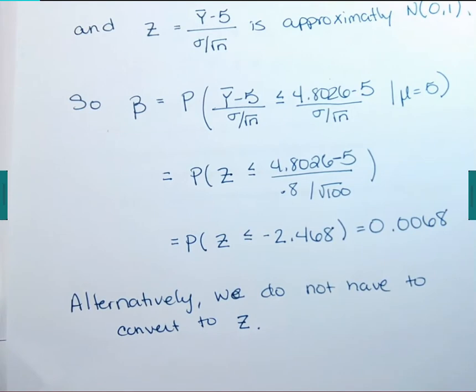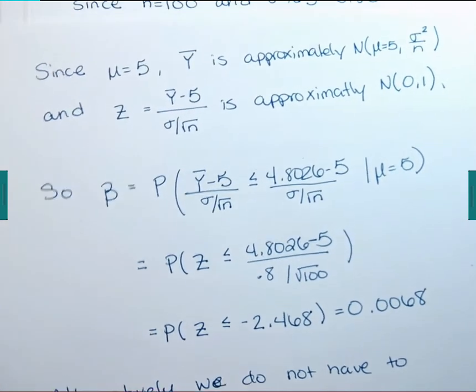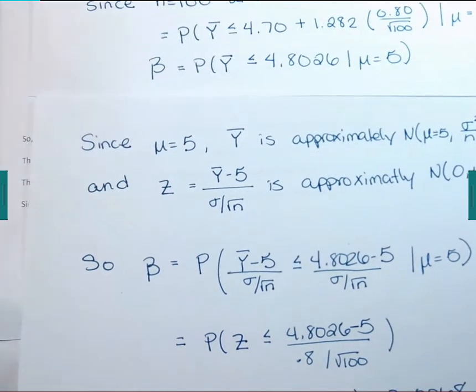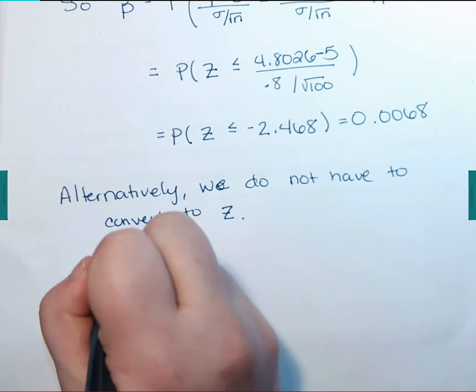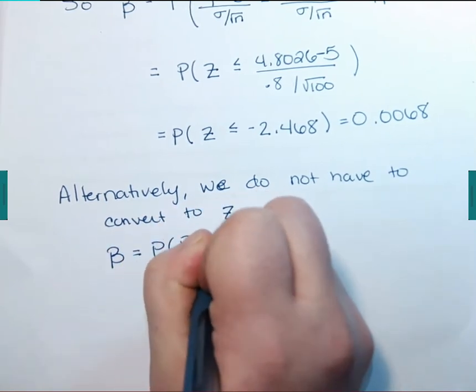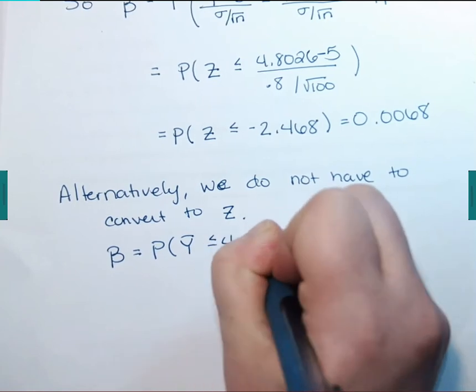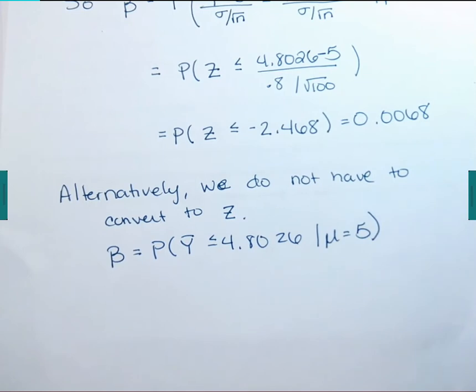We could either make the conversion to z, or we could work directly with the sampling distribution, and we can do the same thing here. So notice the whole reason that we made the conversion to z was because we wanted the following. We wanted beta was equal to the probability that y bar was less than or equal to 4.8026, given that mu is equal to 5.